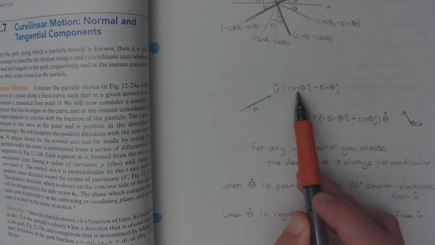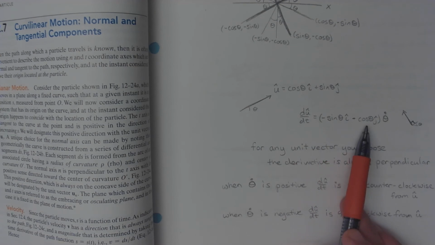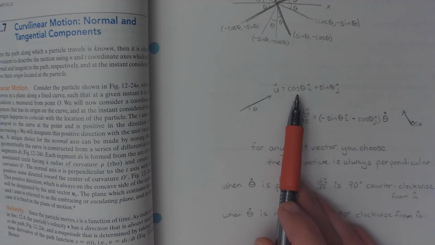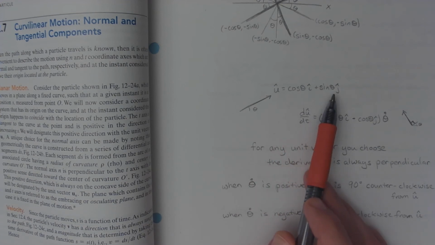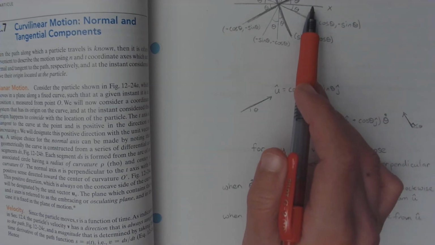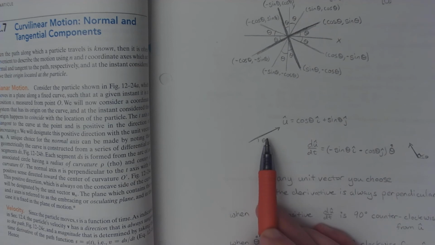If you compare cosine theta plus sine theta to minus sine theta plus cosine theta, if this angle here is theta, cosine theta i hat plus sine theta j hat is pointing this way. If we assume our angle is somewhere between 0 and 90 degrees, then this vector would be in the first quadrant.